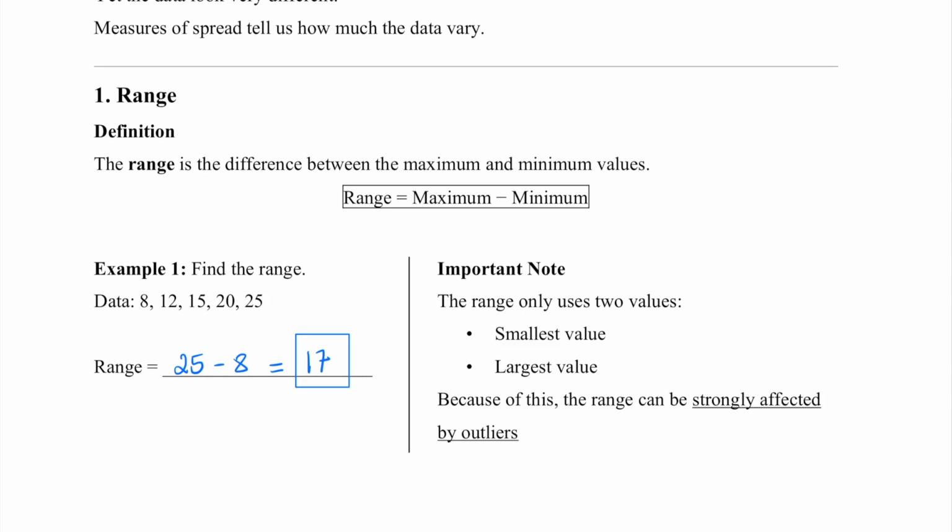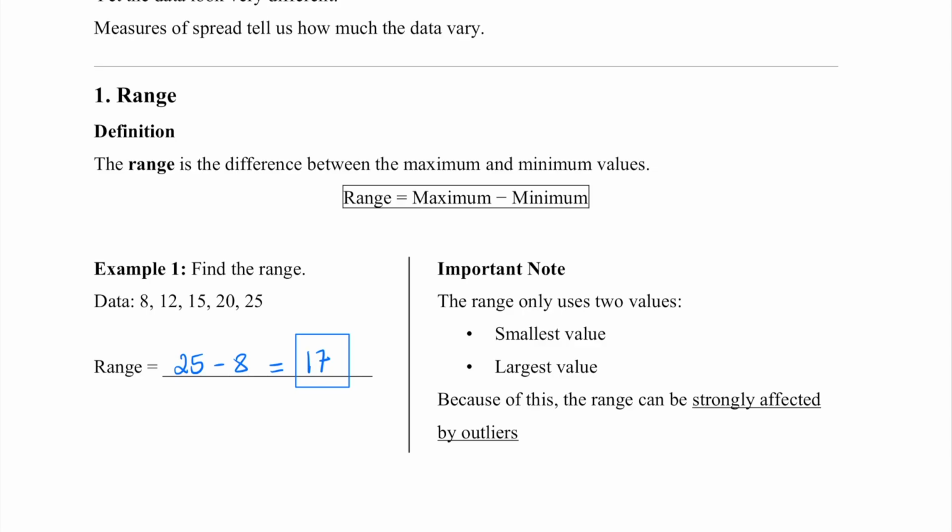Now, there's one important limitation of the range. The range only uses two values, the smallest value and the largest value. It completely ignores all of the values in between. Because of that, the range doesn't always tell the whole story about how the data are distributed.